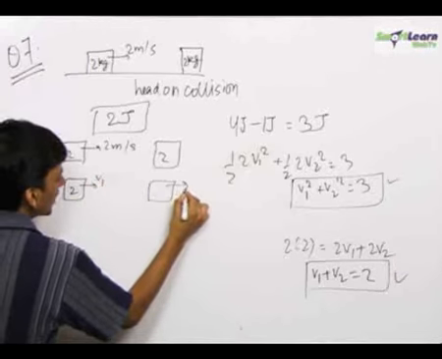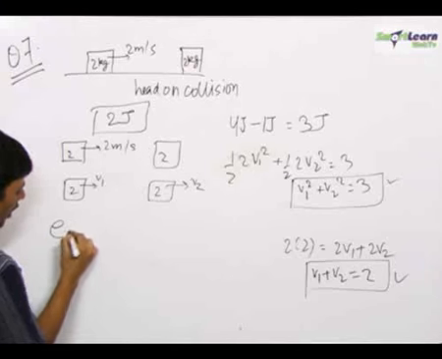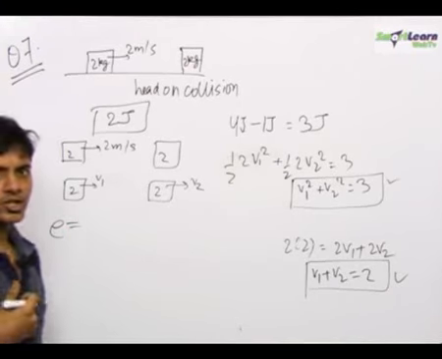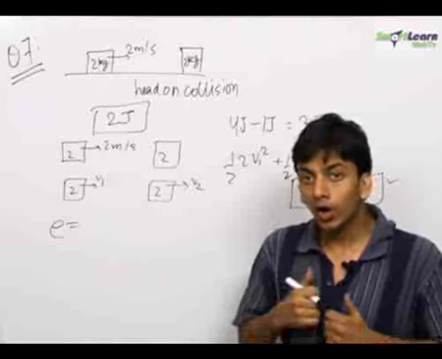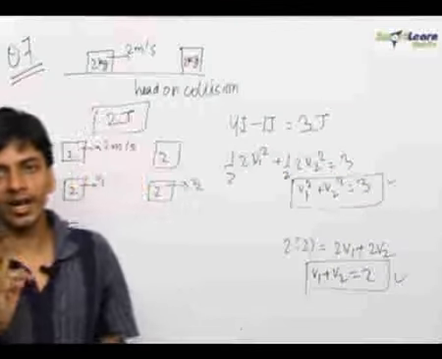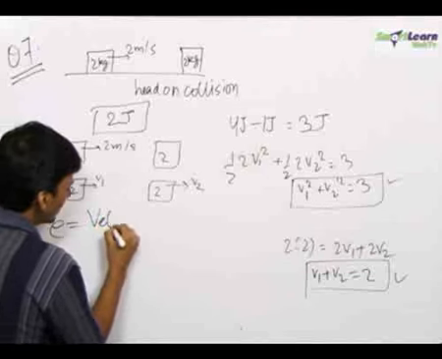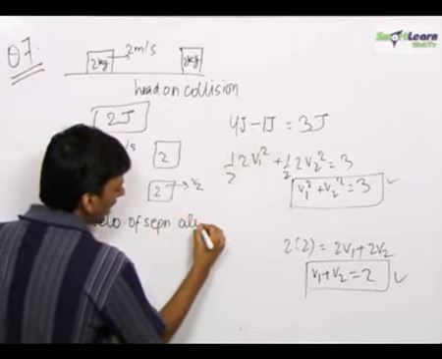This was our diagram. Now we know that the coefficient of restitution is equal to velocity of separation along the line of impact upon velocity of approach along the line of impact.